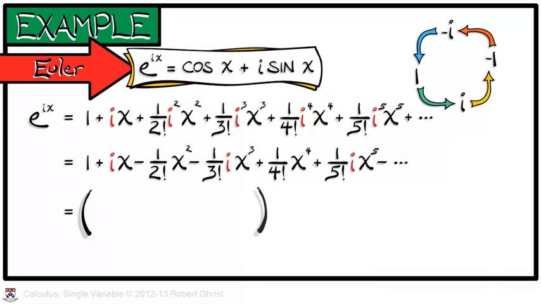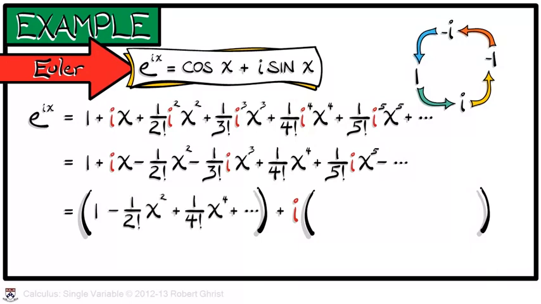Now, if we were to do what we do when we work with complex numbers and collect all of the real terms into one part and all of the imaginary terms into the other, then what would we obtain? Well, the real portion of this expression is 1 minus x squared over 2 factorial plus x to the fourth over 4 factorial, etc., with the signs alternating and with even powers of x.